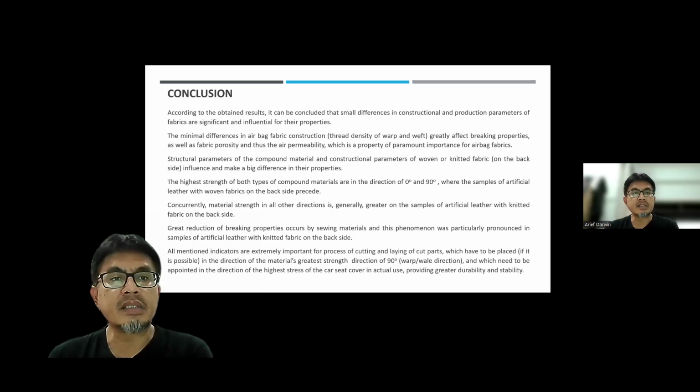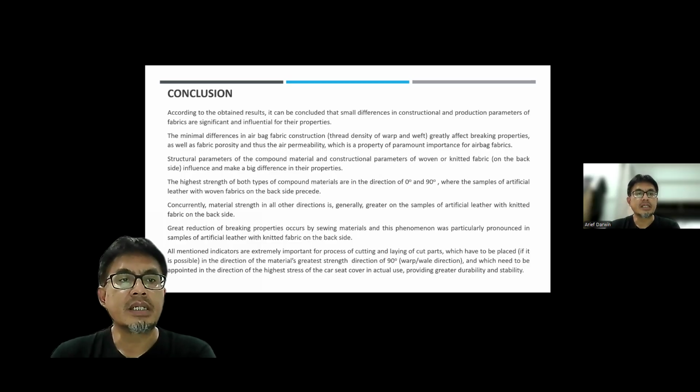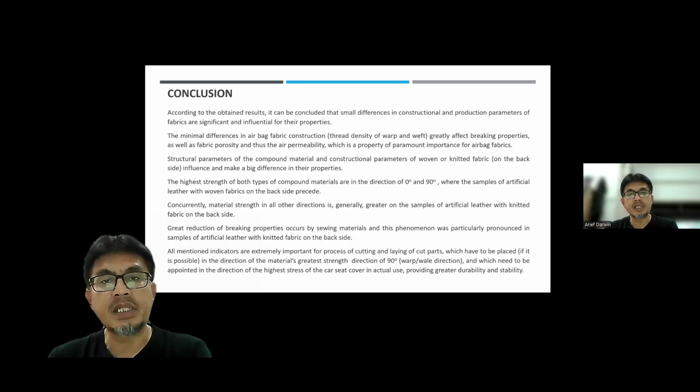Minimal differences in airbag fabric construction, thread density of warp and weft, greatly affect breaking properties, as well as fabric porosity and thus the fabric air permeability, which is a property of paramount importance for airbag fabrics. Structural parameters of the component material and constructional parameters of the woven or knit fabric on the backside make a big difference in their properties.